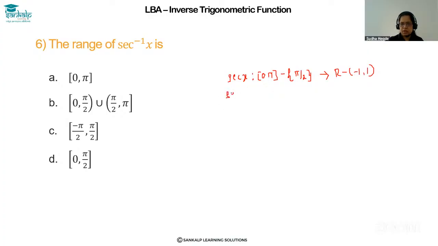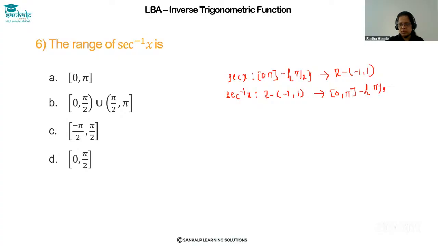So secant inverse x exists, and interchange the codomain and domain. So R minus -1, 1 to 0 to pi minus pi by 2.